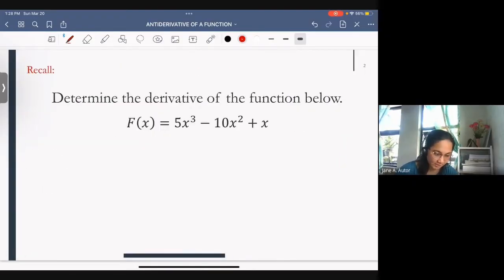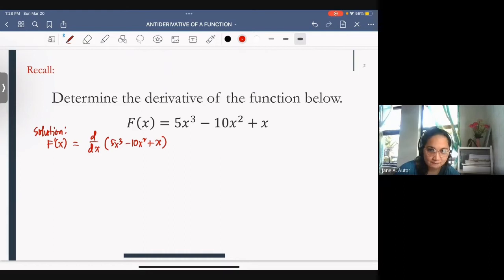Since we are given this function, for our solution for the derivative of f of x, we have f prime of x equals, we are going to use the notation for the derivative, that's d over dx, 5x cubed minus 10x squared plus x.